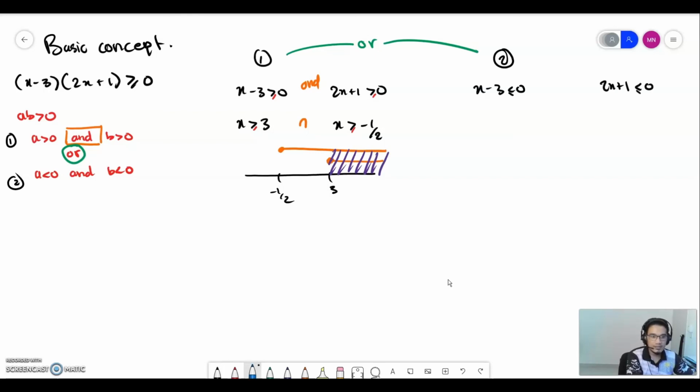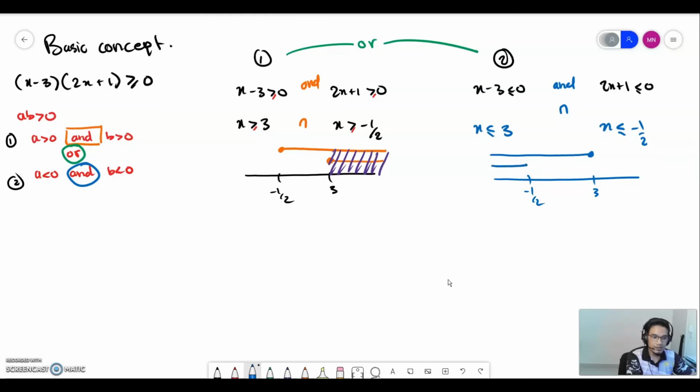So the relationship is AND, with the symbol of AND. So x less than or equal to 3, and x less than or equal to negative 1 over 2. So we draw a line, negative 1 over 2, 3. So x is less than 3, and x is less than negative 1 over 2. So the relationship is AND, so it wants a region that intersects.